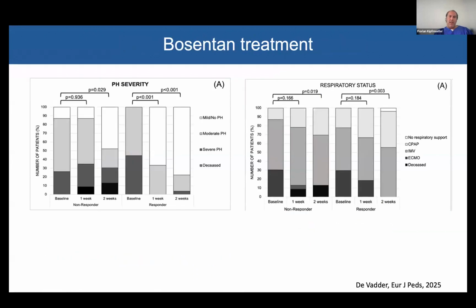So over the time we treated quite a substantial amount of babies with bosentan as an ET1 receptor antagonist.